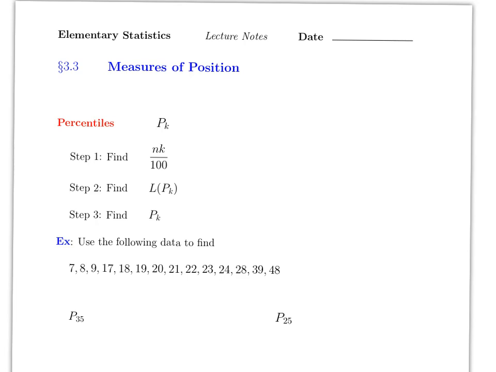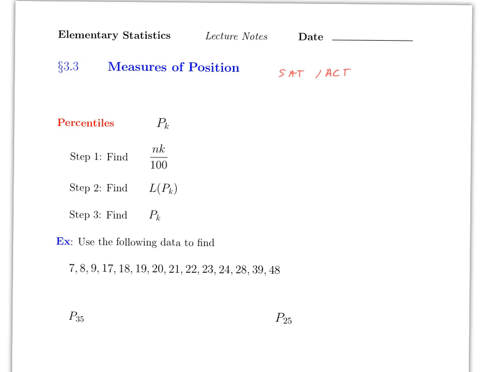Hello everyone. In this section we will be covering measures of position, and the main measure we're going to focus here is on percentiles. So the question, what is a percentile? Well, most of you have taken a standardized test at some point in your life, like maybe you took the SAT or ACT test in high school.